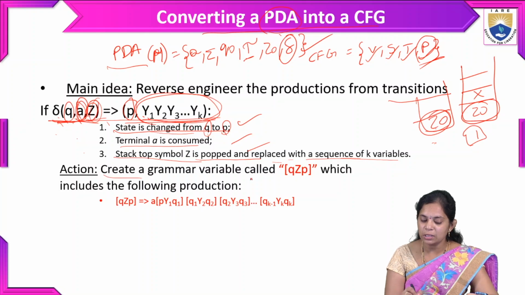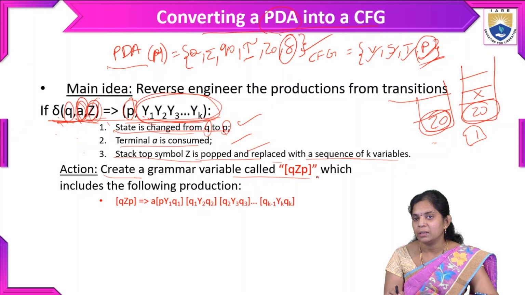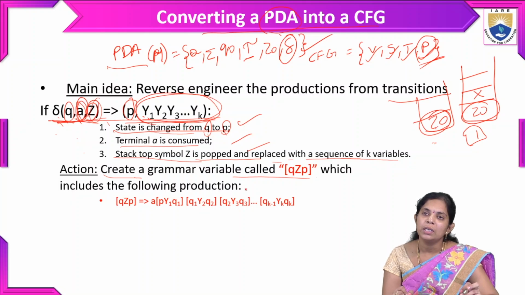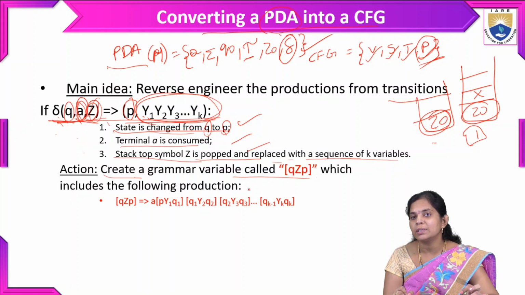And here the action: create a grammar called QZP. Here we are going to divide this transition into an equation. How do we design the production rules? Production rules are a combination.